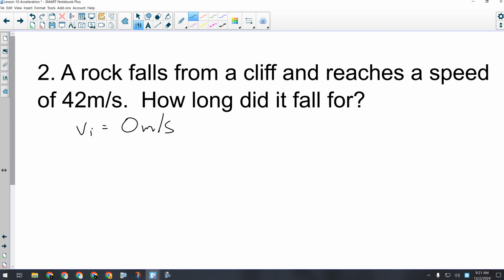On Earth, gravity has a force of 9.81 meters per second. An acceleration, yes, of 9.81 meters per second squared. So the other thing is it's falling, and on Earth, all things fall at 9.81 meters per second squared down. So we also know the acceleration.